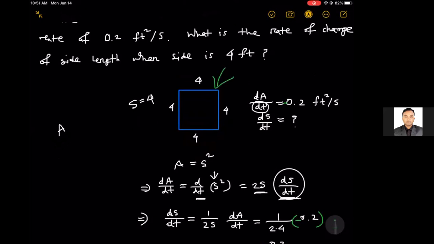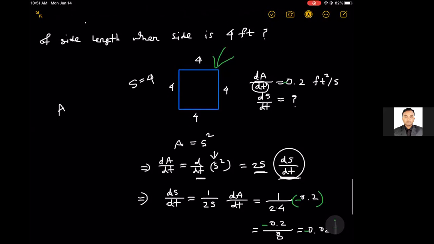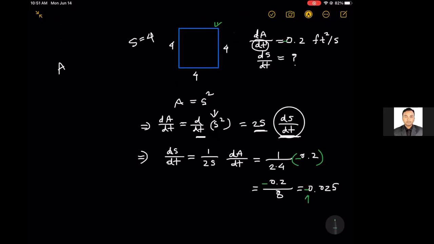If the area is decreasing, the sides rather have to decrease as well. There is no way, if your area is decreasing, the sides will be increasing, right? That means the sides are also decreasing. Do you agree? So that's why it has to be negative as well.